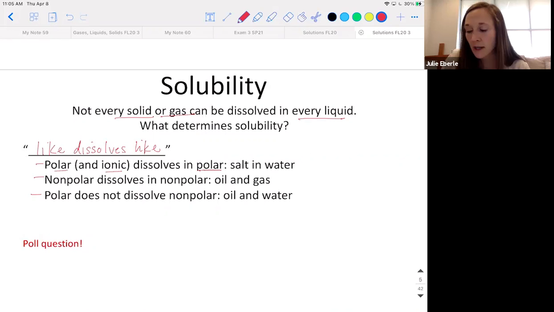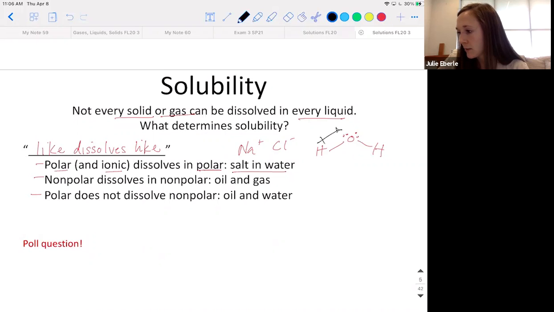But anything that's polar or ionic, those kinds of solutes will dissolve in polar solvents. The example given is salt and water. So NaCl will dissolve into its ions. This is an ionic compound. And then water. What do we know about water? Is it polar or nonpolar? Well, obviously the example here is indicating that water is polar.